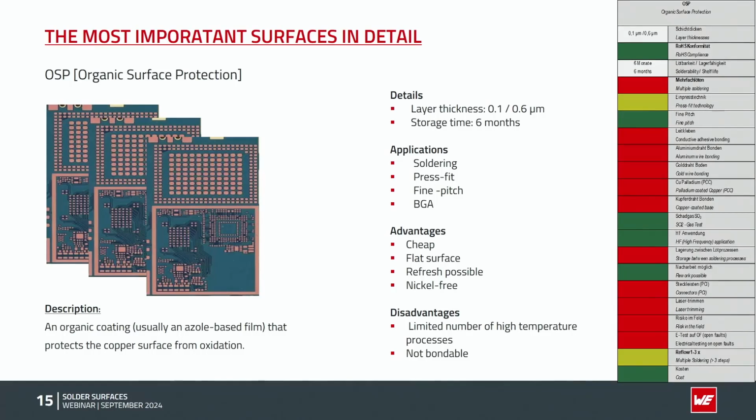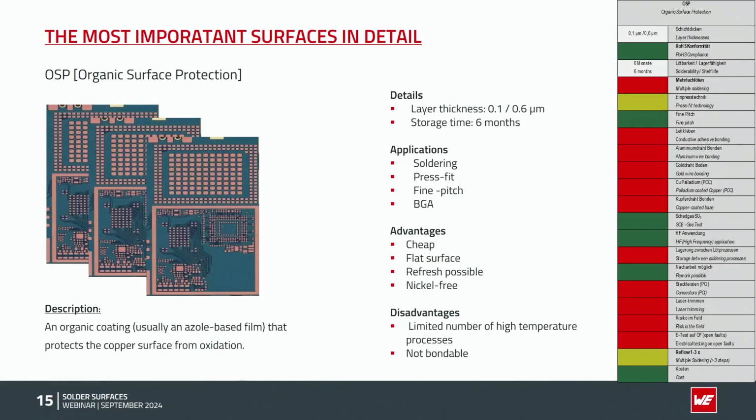This is a small thin film over the copper surface, and as the reason for all the solder surfaces is to prevent oxidization of the copper surface, this is one simple possibility to prevent oxidation by adding an organic coating over it. The layer thickness is 0.1 up to 0.6 micron.